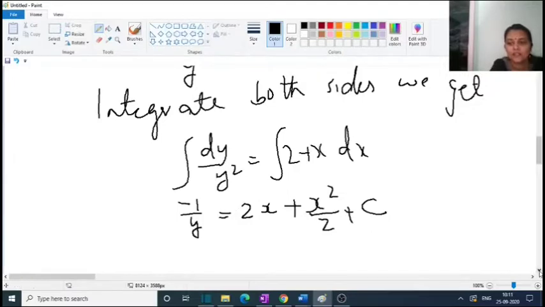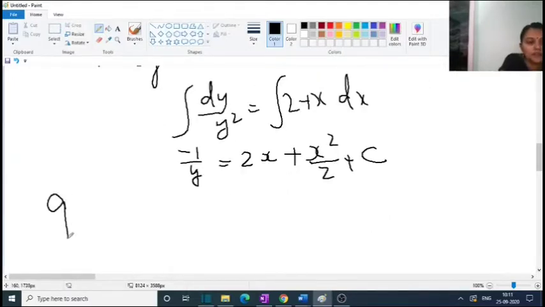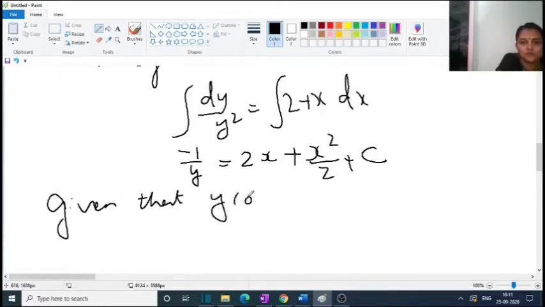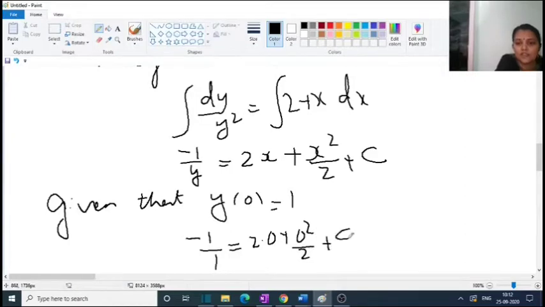Now given that y of 0 is equal to 1, that is when x equal to 0, y equal to 1, minus 1 by 1 is equal to 2 into 0 plus 0 square by 2 plus c, which implies c is equal to minus 1.